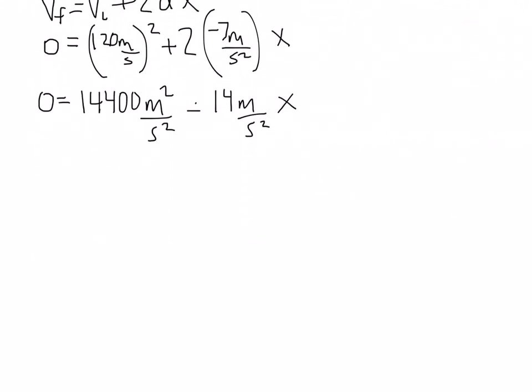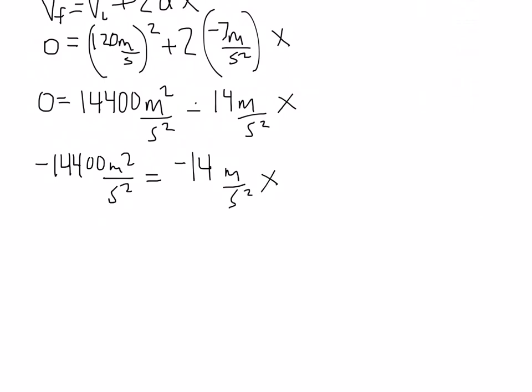Now I'm going to subtract 14,400 meters squared over seconds squared from both sides. So minus 14,400 meters squared over seconds squared is equal to minus 14 meters per second squared times x.